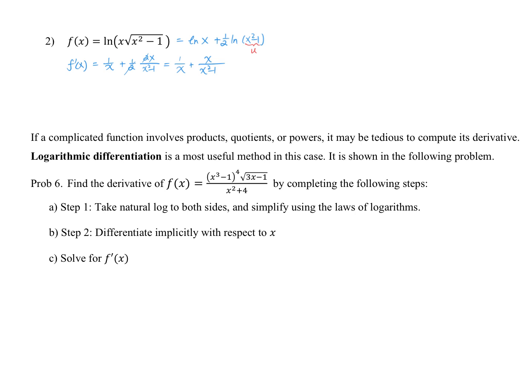So here's the suggestion. Step 1, take natural log to both sides. So in other words, apply the natural log to both sides. Okay, and then after you apply the natural log, you can write these products, quotients, and exponents into sums and differences of single log expressions.